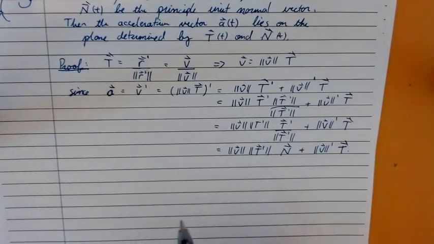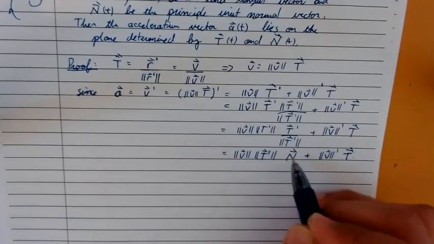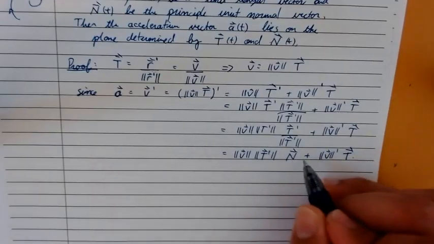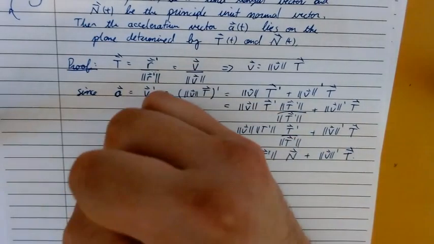But notice now that for any particular value of t, this is a scalar times the unit normal vector plus another scalar times the unit tangent vector.